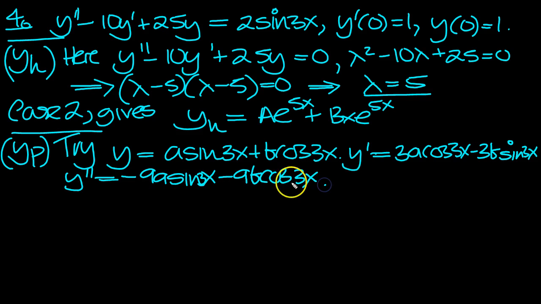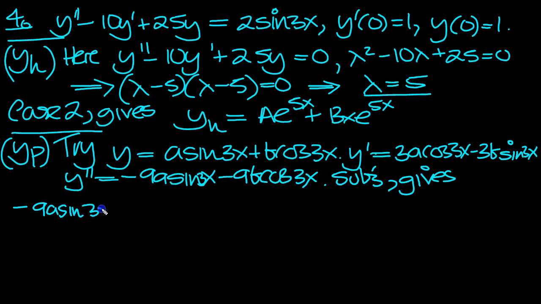So substitution then. So substitution gives, now just to save a bit of space, I'll put it here. So what have we got? Y double dashed, so this thing here, minus 9a sine 3x, minus 9b cosine 3x, minus 10y dashed.